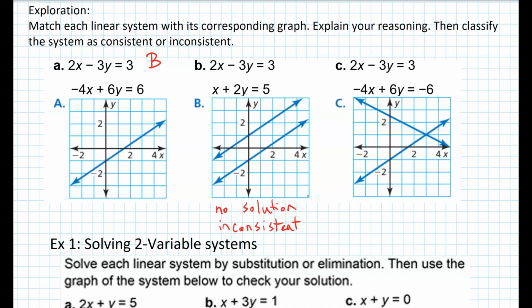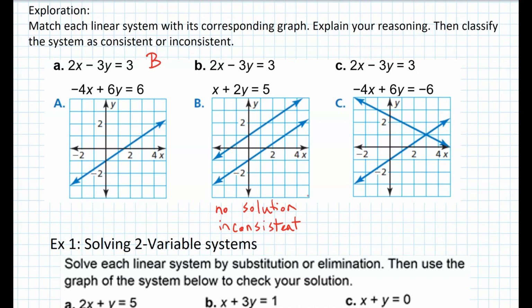Remember, whenever you're solving a system, you are trying to find that one common place that satisfies the equations. And so if they're parallel to one another, they will never touch. So no way to ever find a solution.